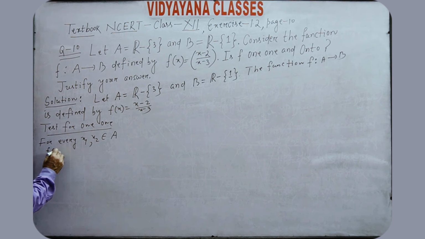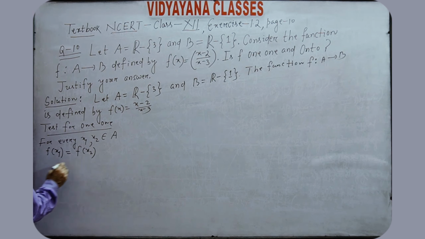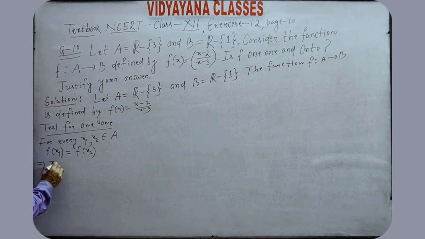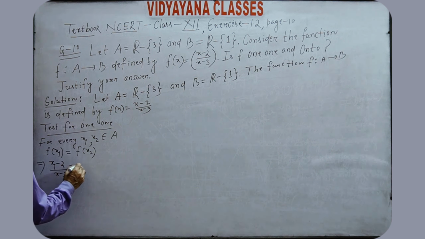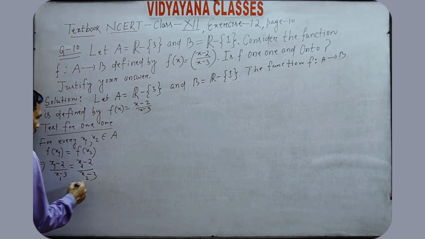f(x1) is equal to f(x2). That implies (x1 minus 2) divided by (x1 minus 3) is equal to (x2 minus 2) divided by (x2 minus 3).